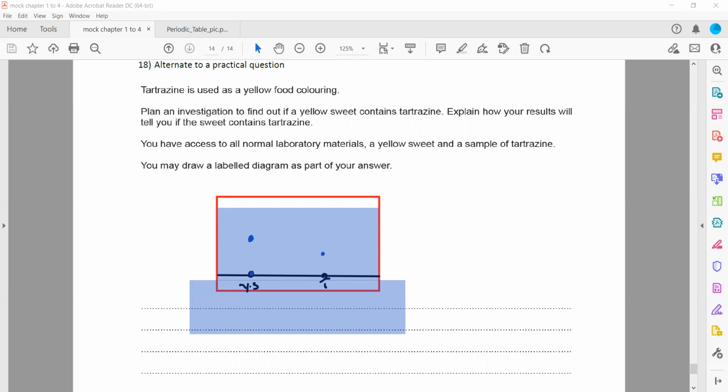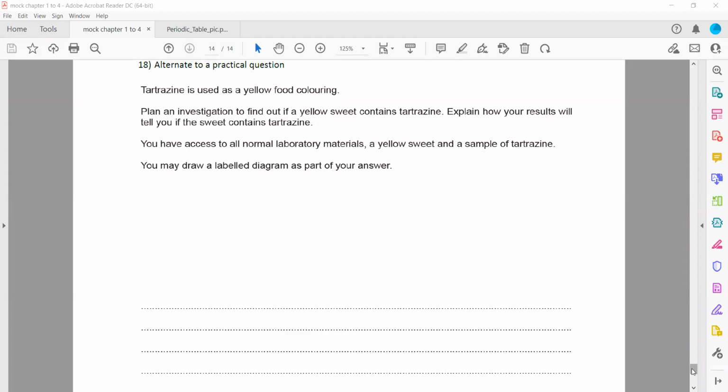Then we use water as a solvent, allow the solvent to rise, and compare the distance moved by the two solutes, like two substances. If they rise to the same height or have the same Rf value, it means the yellow sweet contains tartrazine. If they do not rise to the same level, it means the yellow sweet does not contain tartrazine. So this was the experiment related to paper 6.